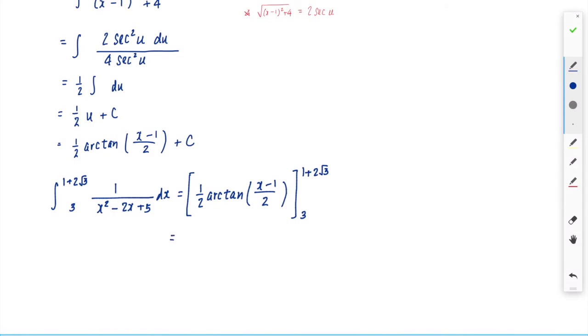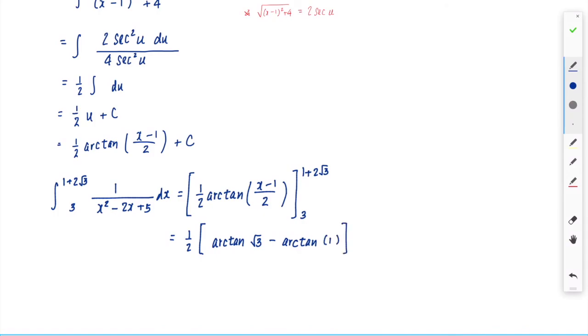I'm going to let 1/2 sit outside. This is arctan of 1 plus 2 root 3 minus 1, which is 2 root 3 over 2, which is root 3. Minus arctan of 3 minus 1 is 2 over 2, which is 1.